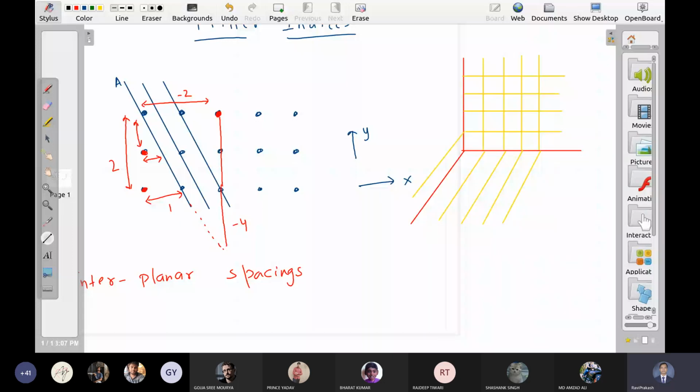I mean, we have a grid like this. It's a time-taking thing, but anyway.